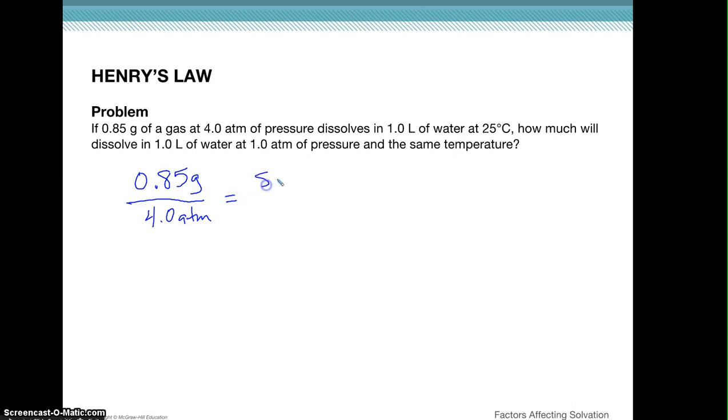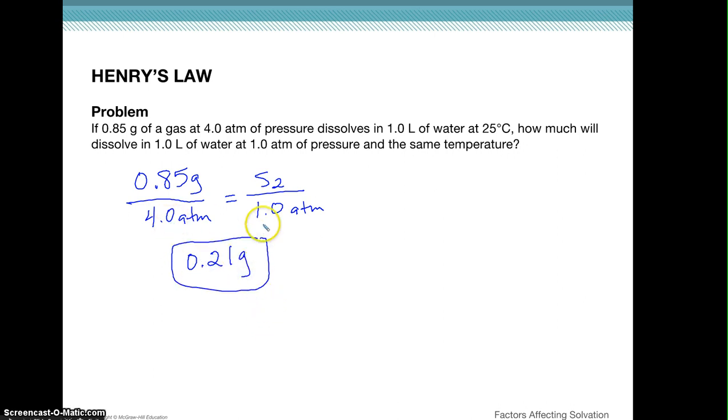We want to know how much will dissolve at 1 atmosphere. So if we solve for S2, we would cross multiply, solve for S2, and that gives us 0.21 grams of our gas will dissolve at 1 atmosphere.